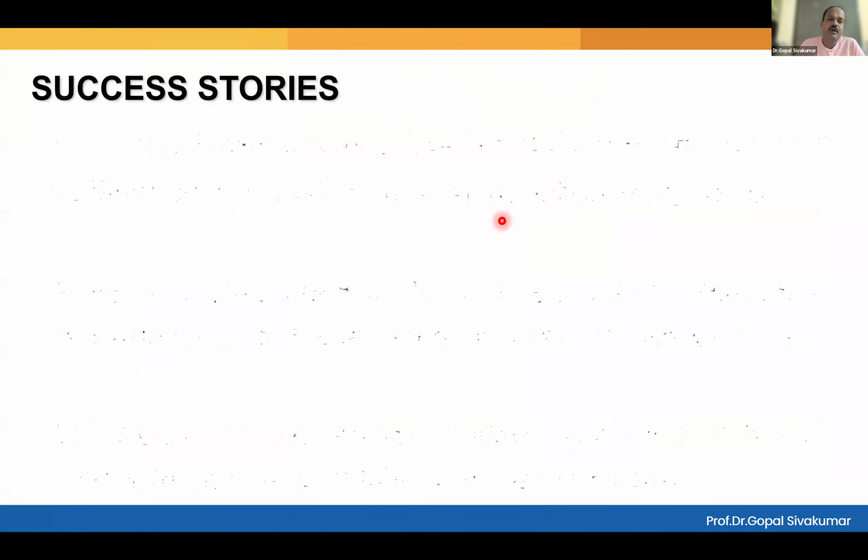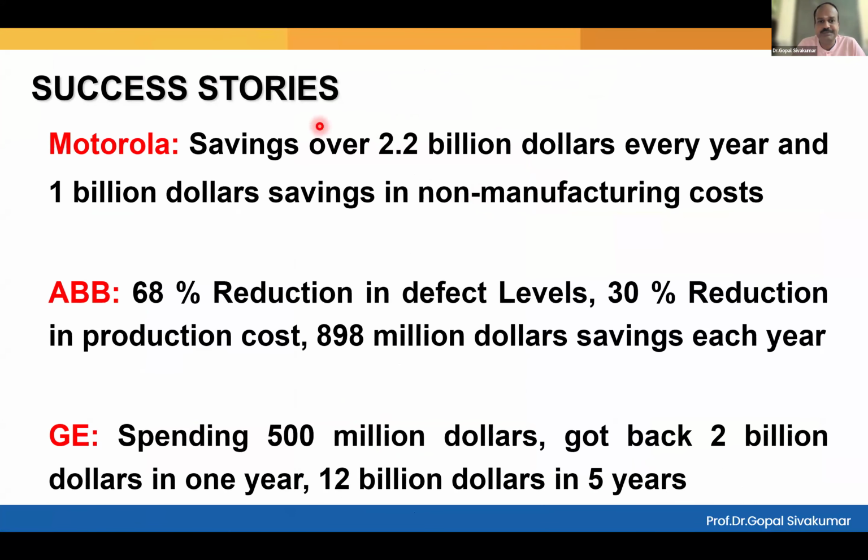All right. And look at the success stories, particularly from Six Sigma. Motorola made a saving of $2.2 billion every year, and $1 billion saving in non-manufacturing. Within Motorola itself, Six Sigma was applied in manufacturing departments as well as non-manufacturing departments. That's why the savings are highlighted separately.